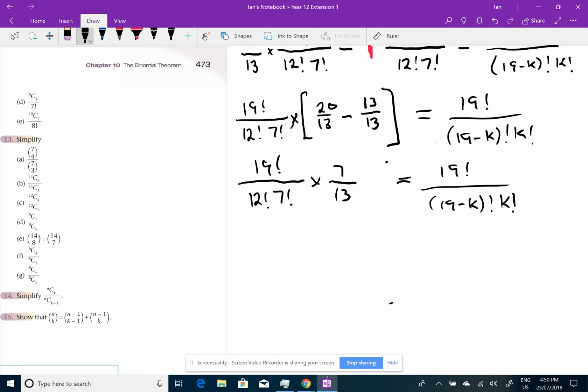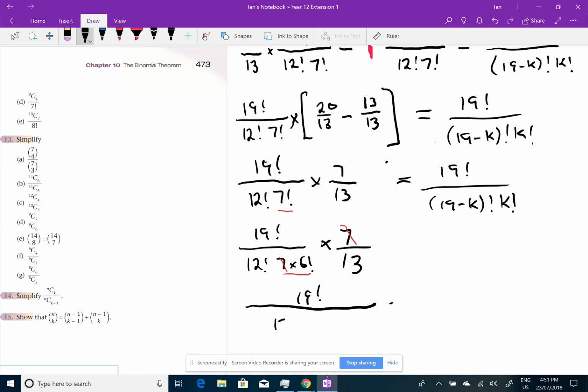Now, 19 factorial over 12 factorial, 7 times 6 factorial. I'm writing that bit like that because I'm going to cancel the 7s. And now I can put this 13 in here. So I get 19 factorial on 13 factorial, because 12 factorial times 13 is 13 factorial times 6 factorial. And again, I'm just going to bring that down here.